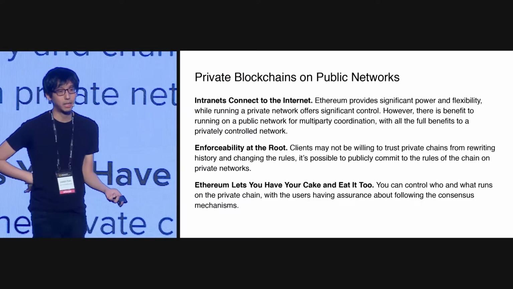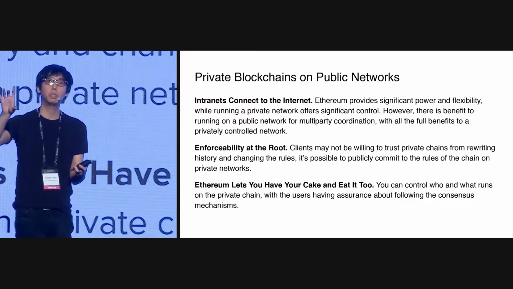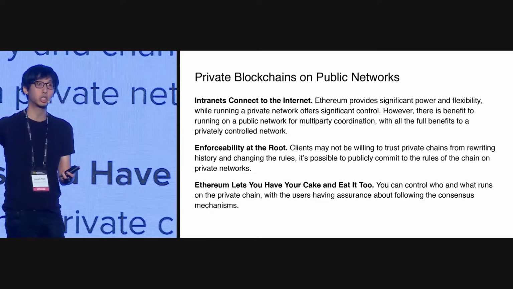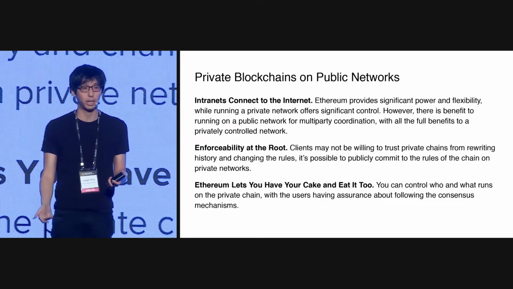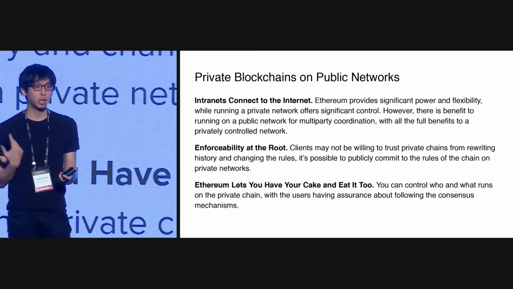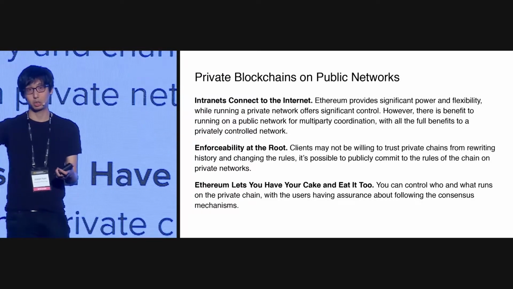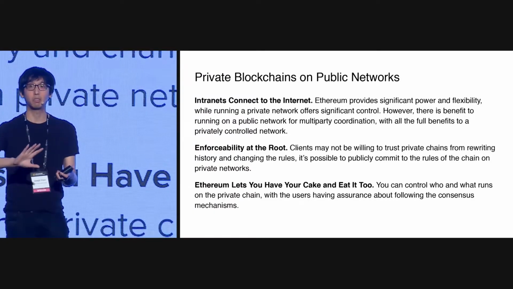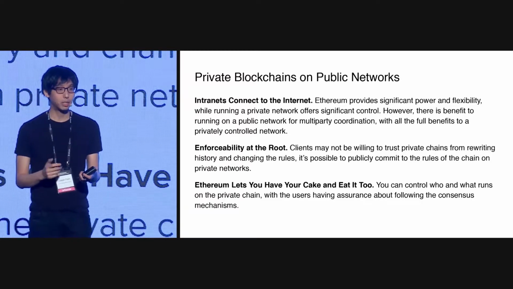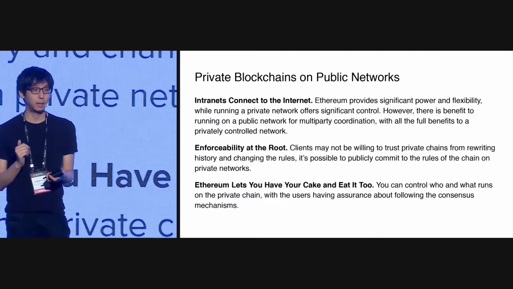What that means is that you can run this private system where you're setting the rules and the terms and the contractual agreements beforehand. But by building on top of a public network, you have the full benefits of a privately controlled network, but public enforcement. Right? That allows for enforceability on the public system.